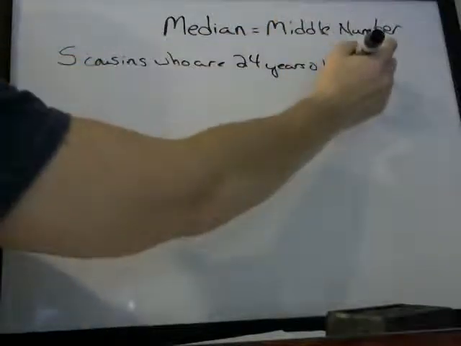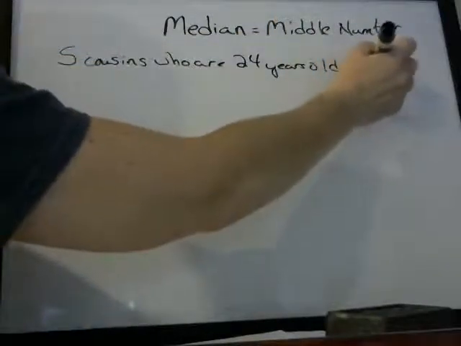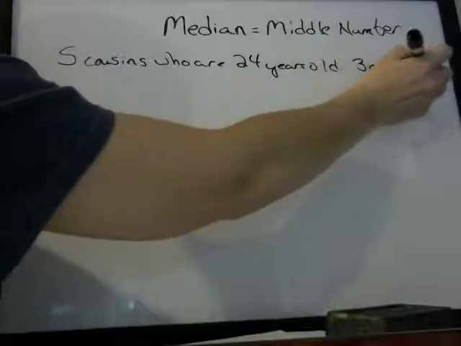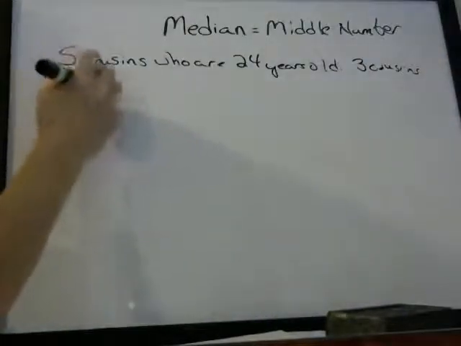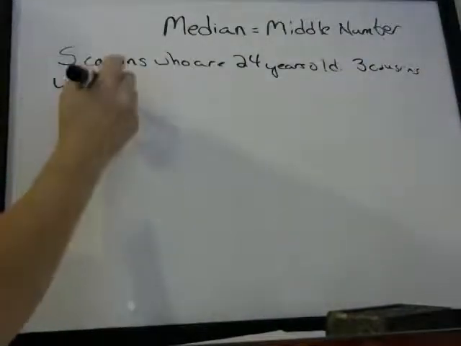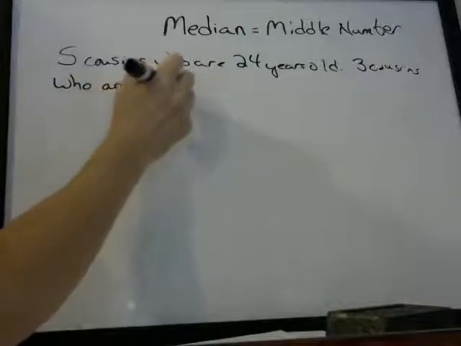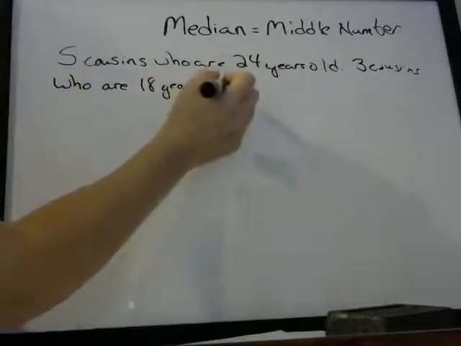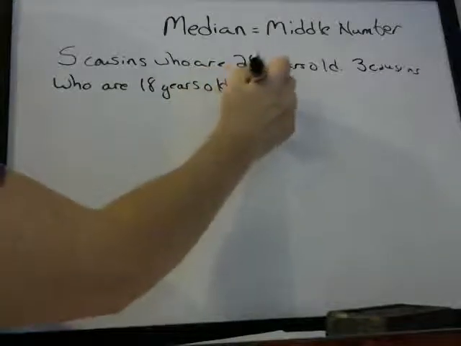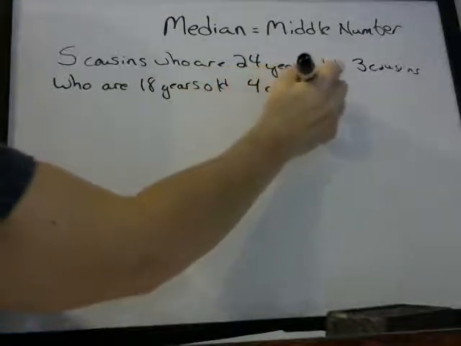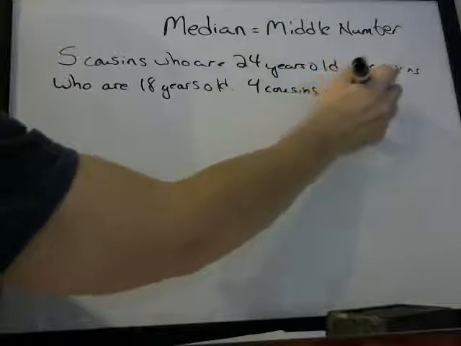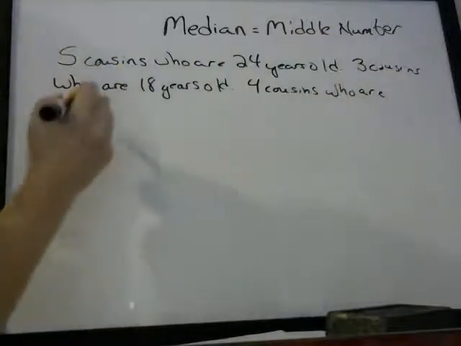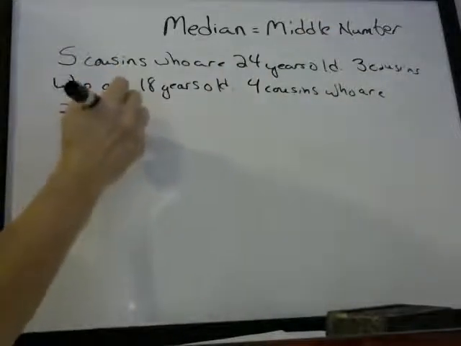He meets 3 cousins who are 18 years old. And he meets 4 cousins who are 21 years old.